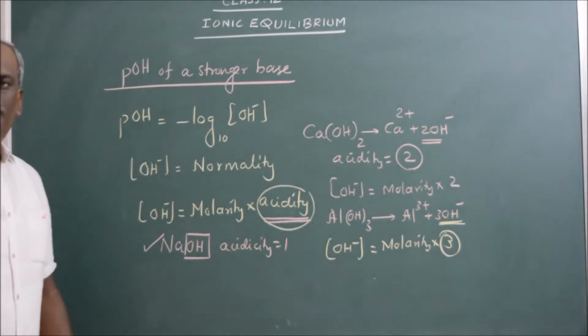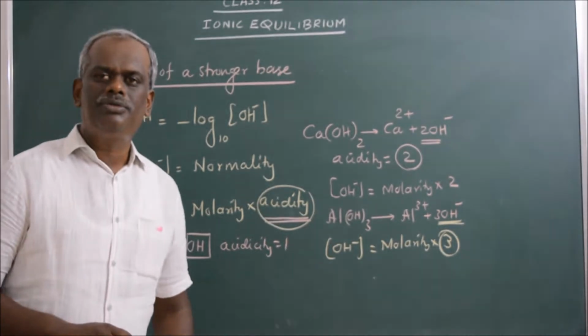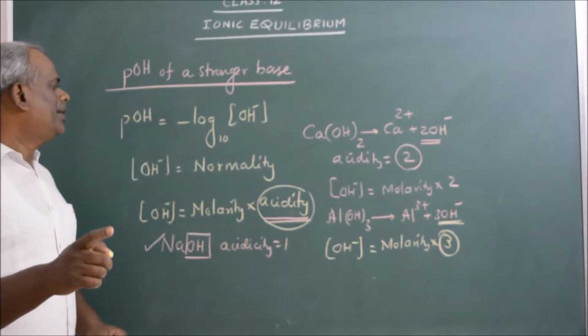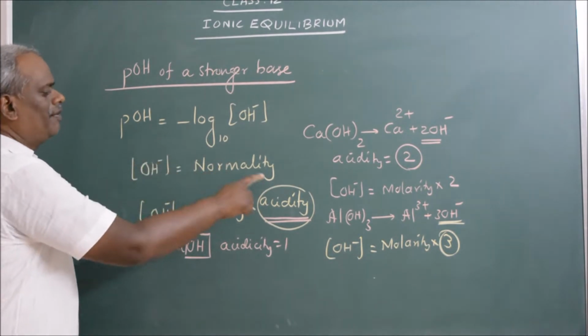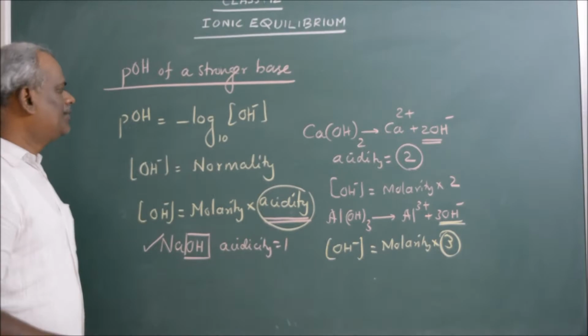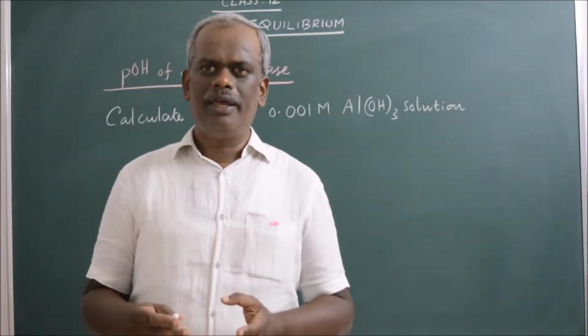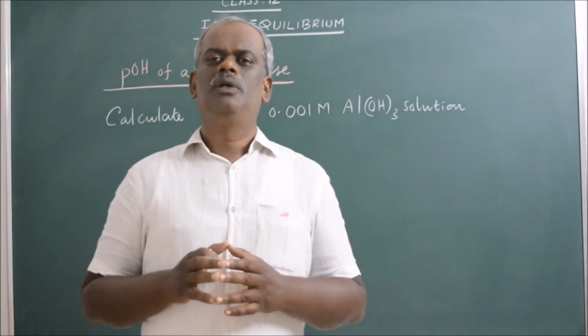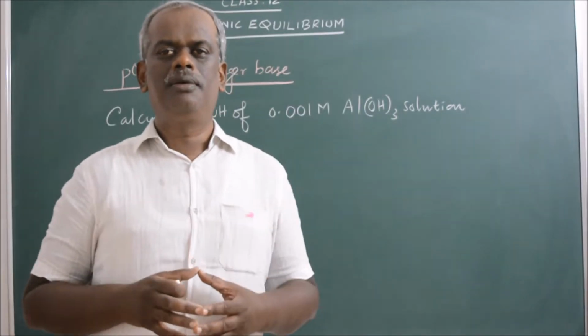The acidity value for the given base is equal to 3. So we will do a sample problem for the calculation of pOH of stronger bases like this.